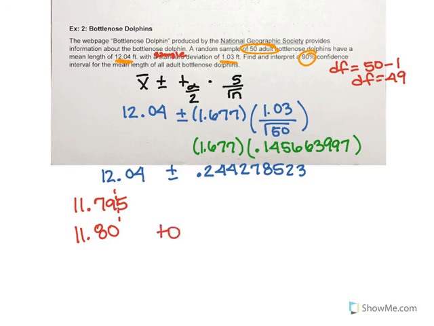To 12.04 plus 0.244278523. And that would give 12.28.